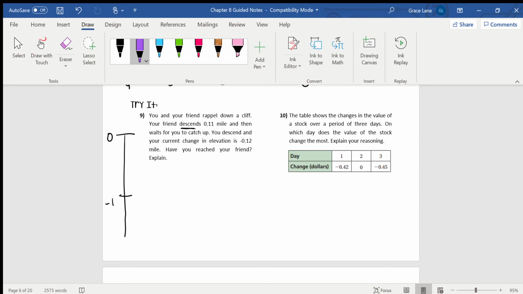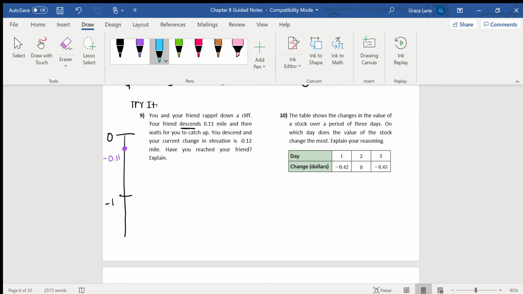It's up to you, really. If you want to make little tick marks for each place, you can. Although I'm just going to estimate kind of here that here would be negative 0.11, which would be your friend.